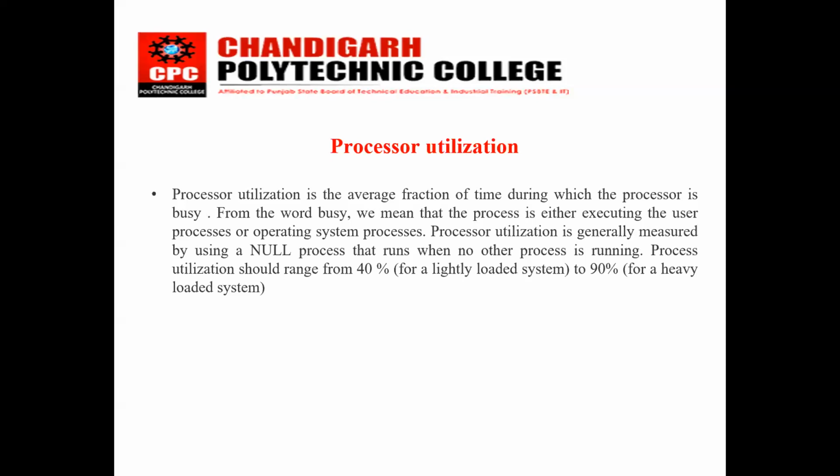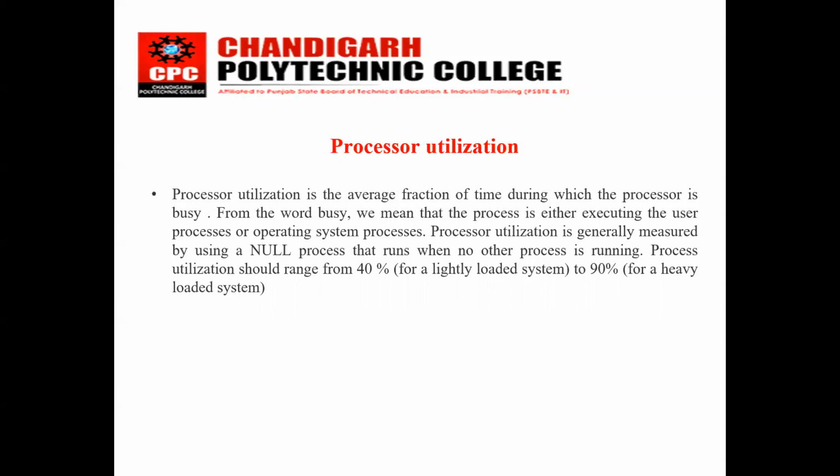By the word busy, we mean that the processor is either executing user processes or operating system processes, because we have mainly two types of processes that we submit on the processor. First is the user processes that are on user demands, and second is the operating system processes.